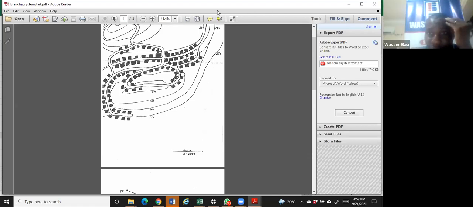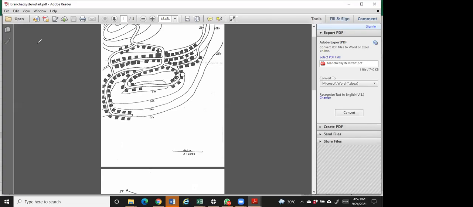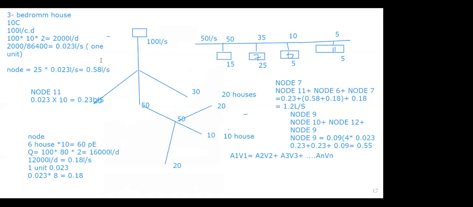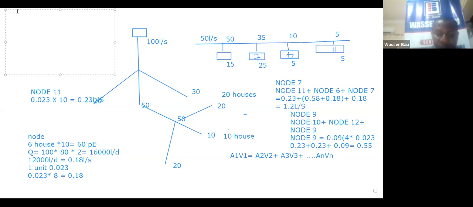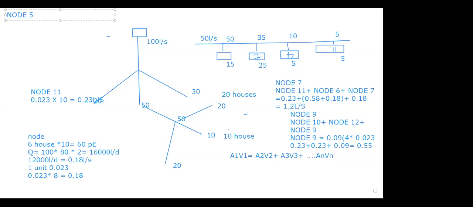Any question? So for node 5, I think I have something I'm going to share with us in Word.